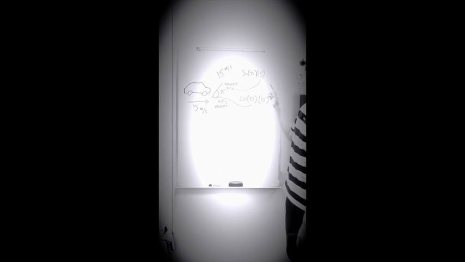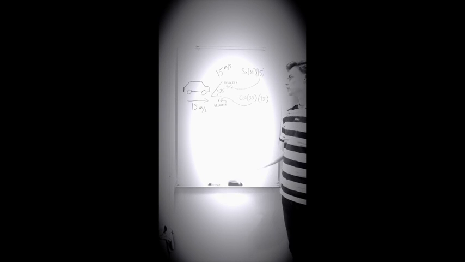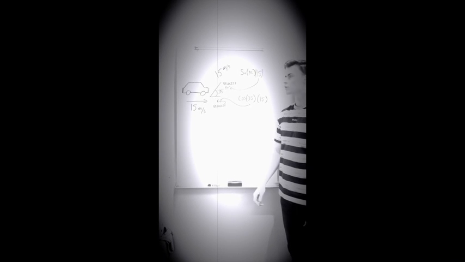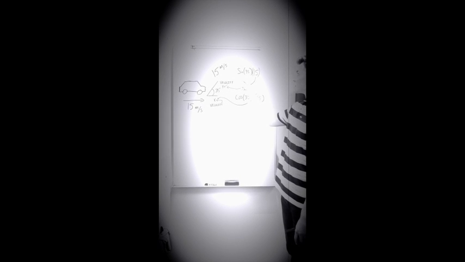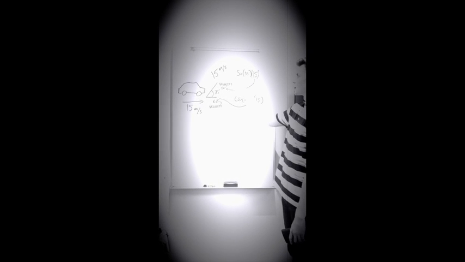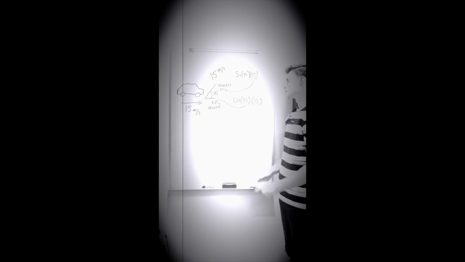And then from here, using trigonometry rules, we were able to find the x and y components of the velocity of the car when it left. So the velocity in y was sine of theta times the hypotenuse, which is the 15 meters a second.